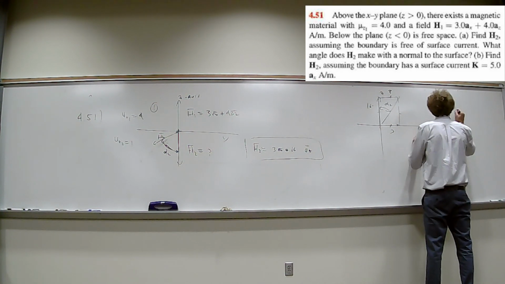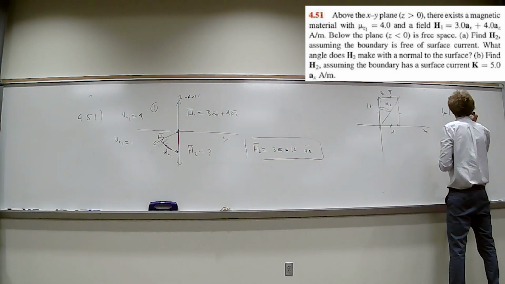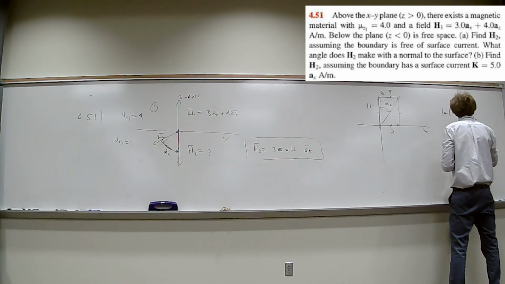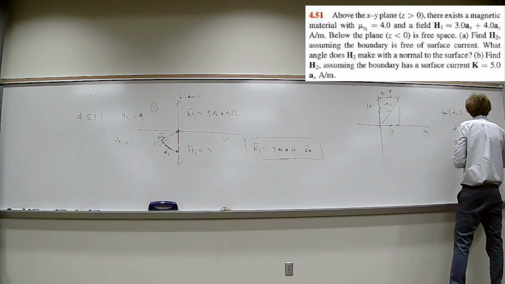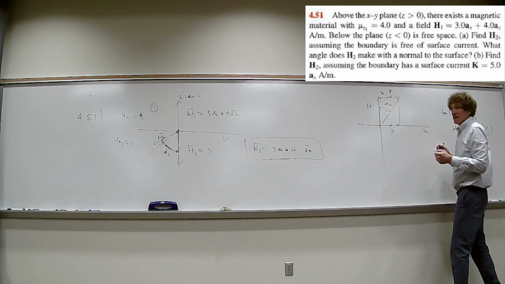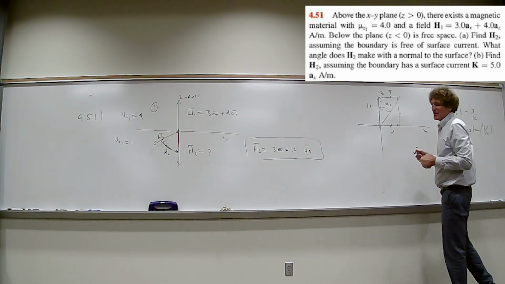Tangent of this alpha 2 is opposite, 3 over 16. So what is alpha 2? Arctan of 3/16. What is that in degrees, anyone? Say? I didn't hear you. 10.6 degrees. Anybody got a calculator, you can do it?